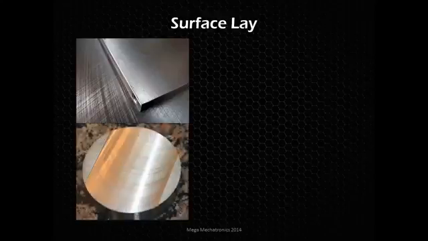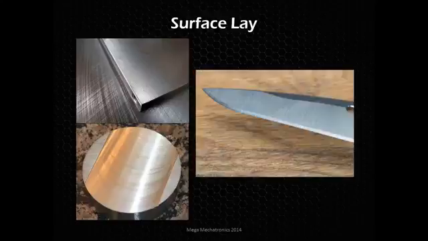And then looking down here, we have this part with that circular pattern. We would assume that this part was probably fly cut on a mill or something similar. And then looking at this knife blade, we can probably conclude that this was ground based on those straight and parallel, random looking marks.